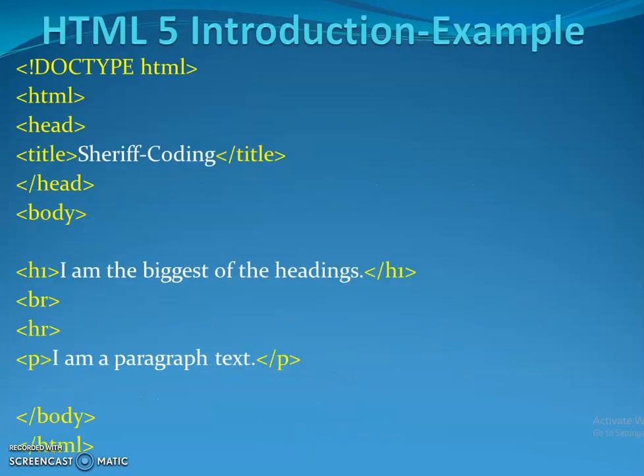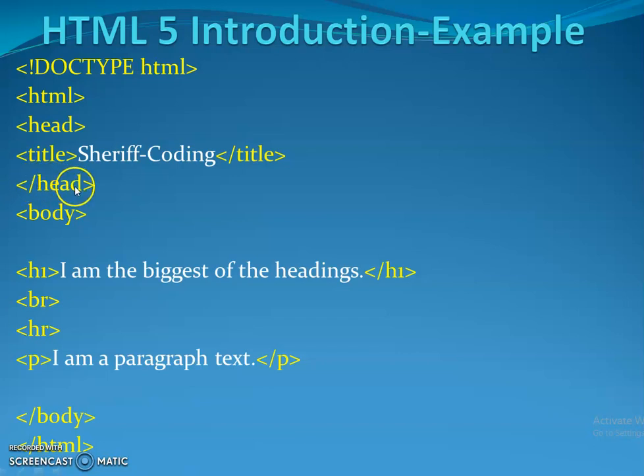Now let's look at an example of an HTML document. This is just an example, right? As you can see here, this is the doctype that we just explained, and this is the HTML tag. This is the head. As you can see, this is the opening tag and the closing.